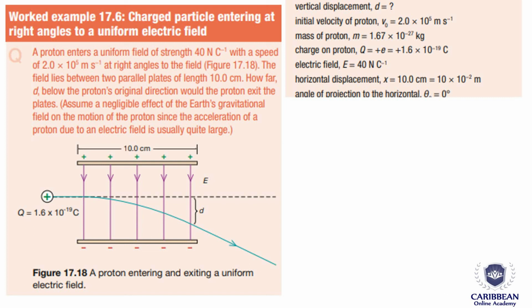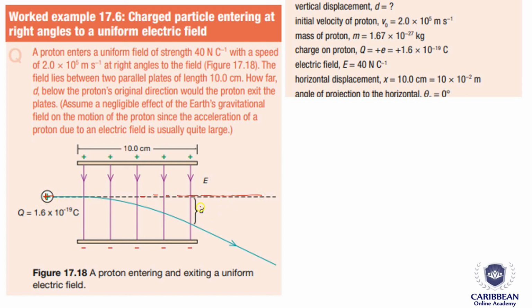So having said all of this, they want us to find D, and it is just that distance from where the line of action is. So generally speaking, this is where the electron started, not the electron, the proton rather. That's where it started.